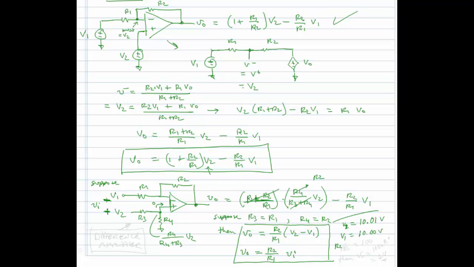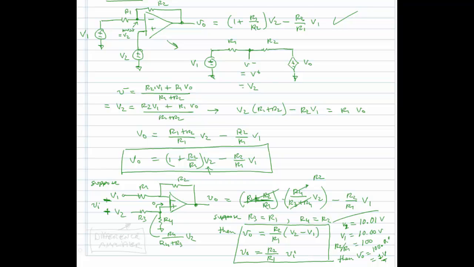And R2 over R1 was equal to 100. Then VO would be equal to the difference between the two voltages, which would be 0.01 volts, times R2 over R1. So it would be 100 times 0.01, or 1 volt.